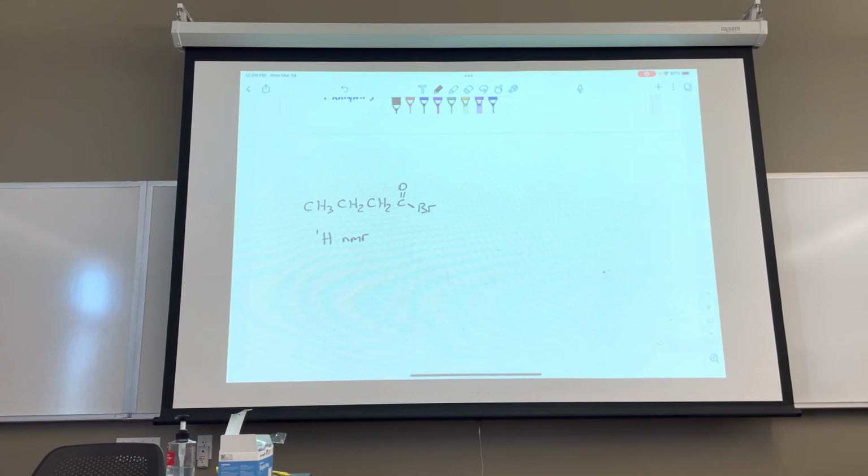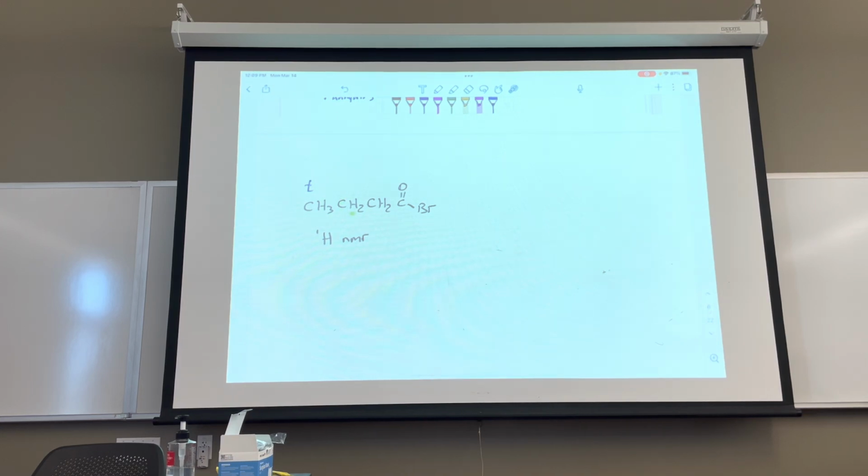What kind of peak would I expect to see for the terminal methyl group? Remember when we talk about multiplicity, we're talking about the singlet, doublet, triplet, etc. So what kind of peak would these protons of the methyl group be represented by? Triplet. Yeah, it'd be a triplet, right? We're governed by the n+1 rule. So we go to the nearest neighbor. This methyl group has 2 neighbors. 2 plus 1 is 3. So we would expect this to be a triplet.